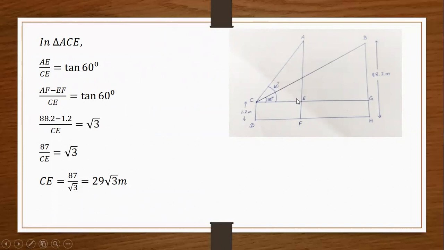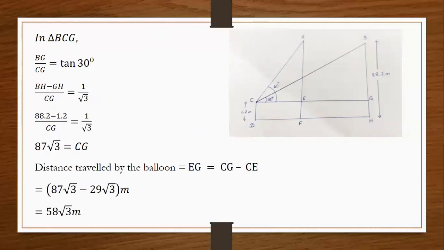Now AE is AF minus EF. We know AF is 88.2 and EF is 1.2. So we subtract it in order to get AE, which is 87, by CE equal to root 3. So we get CE distance to be 29 root 3 meters after rationalization.